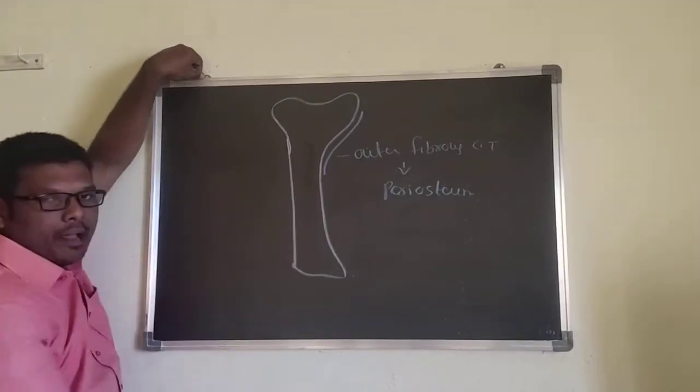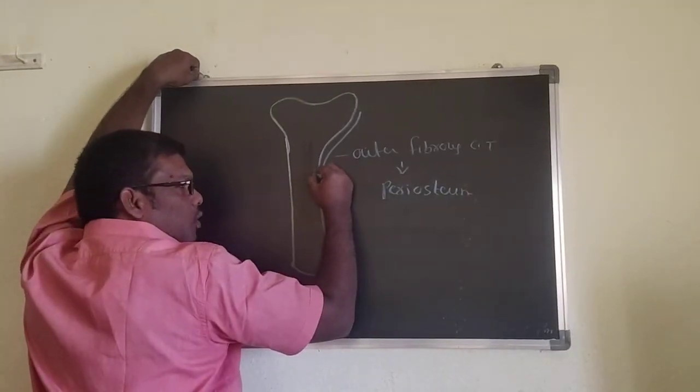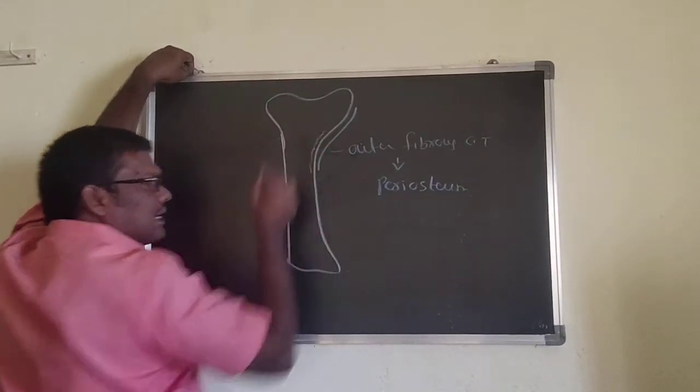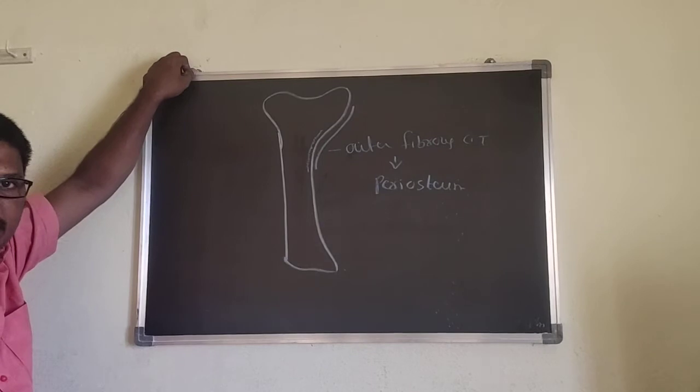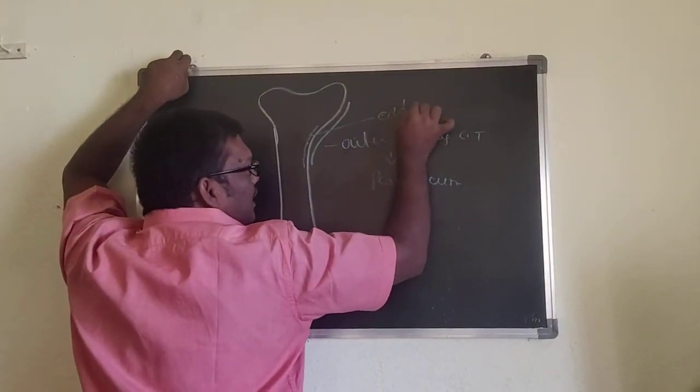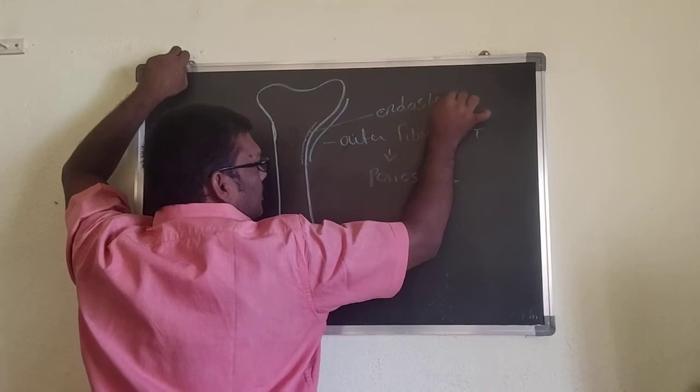Inside, they have bone marrow. The bone marrow cavity is lined by an inner connective tissue sheath, and that inner connective tissue sheath is called the endosteum.